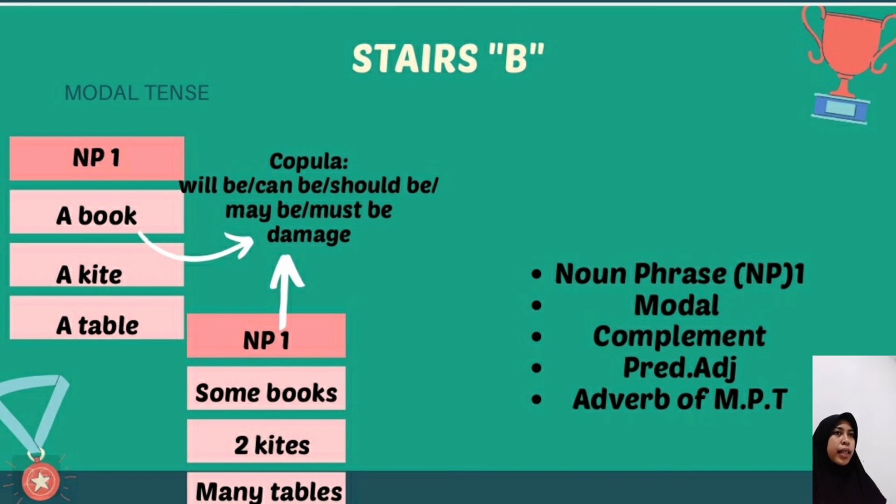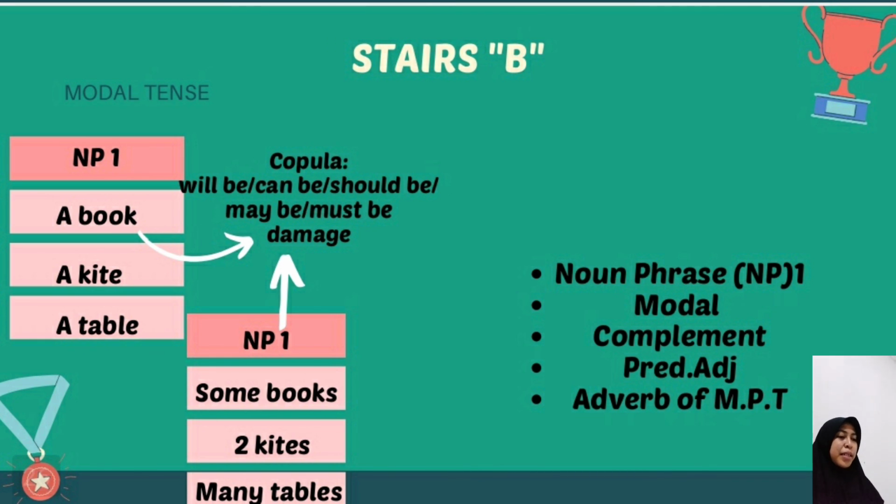Okay, the next material, modal. What is modal? Modal verbs, or sometimes called modals, are auxiliary verbs in English. A modal verb is a type of verb used to indicate a modality.